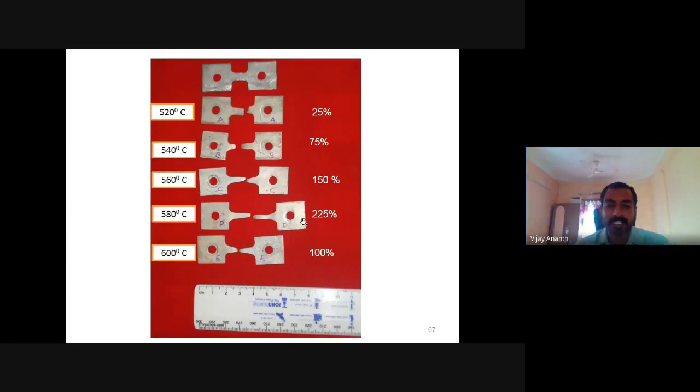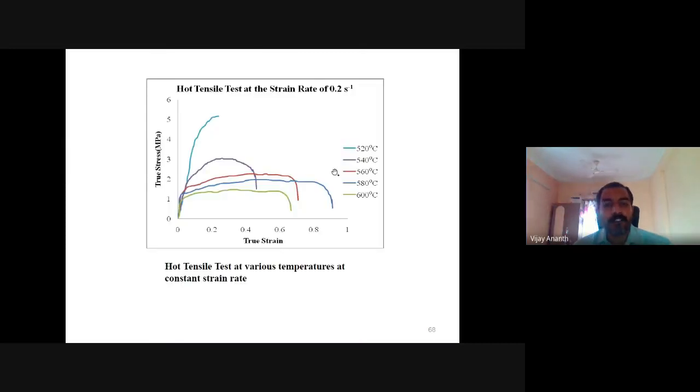So maximum elongation is obtained at 580 degrees centigrade. At 600 degrees centigrade, the components failed very quickly. These are the graphs obtained through the UTM machine hot tensile test.